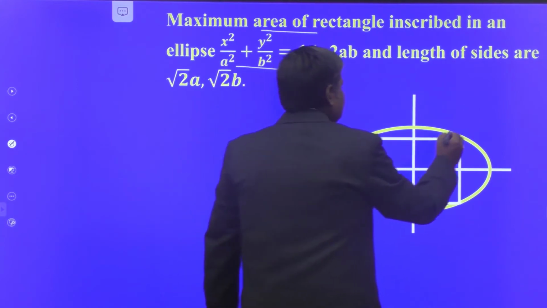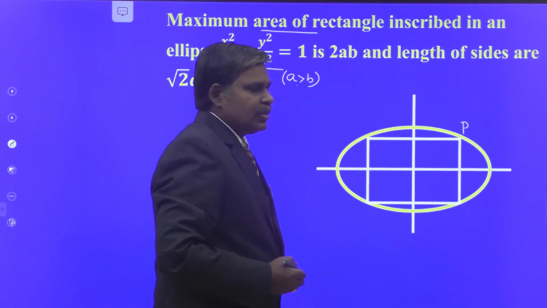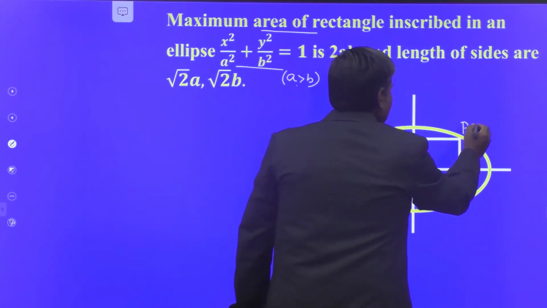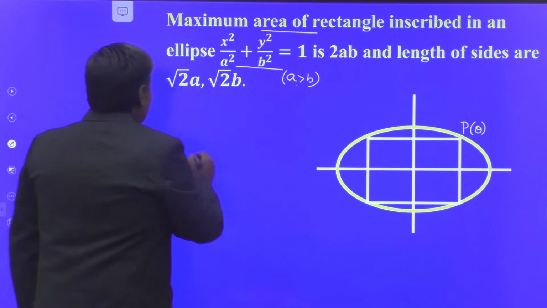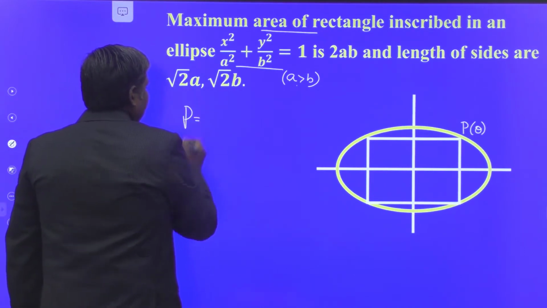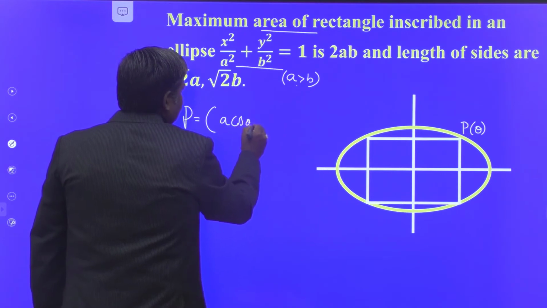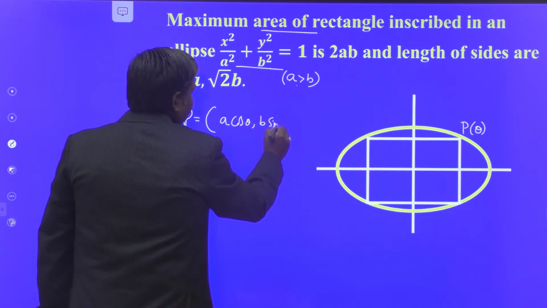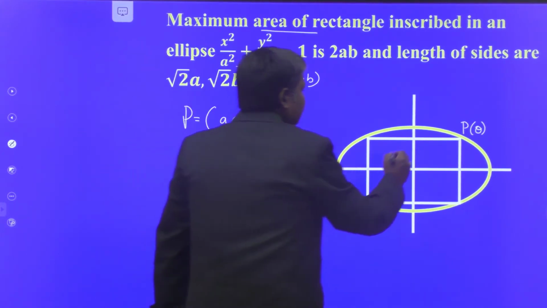Suppose one of the vertices of the rectangle is P, say. Its coordinates are P (a cos theta, b sin theta). So I am taking the coordinates of P as (a cos theta, b sin theta). These are the coordinates of P. So what is the distance from here to here?